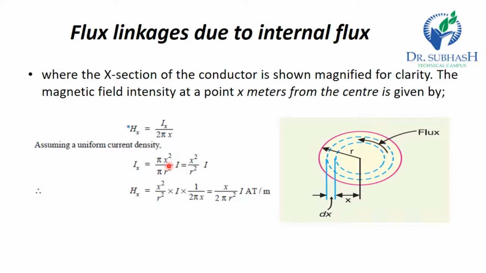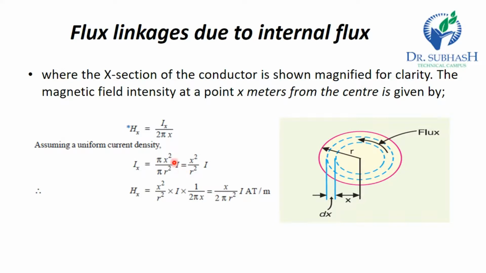From this we have Ix = (pi x square / pi r square) I. Here pi x square is the area up to x and pi r square is the whole conductor area.